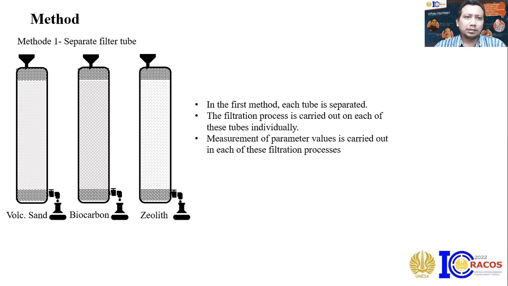In method 1, or the separate filter tube method, each tube is separate, not assembled. The filtration process is carried out on each of these tubes individually. Measurement of parameter values is carried out in each of these filtration processes.